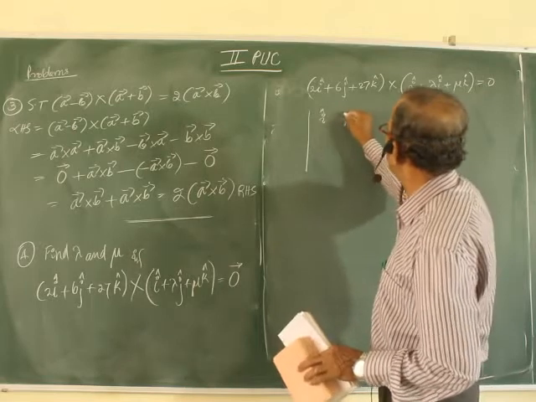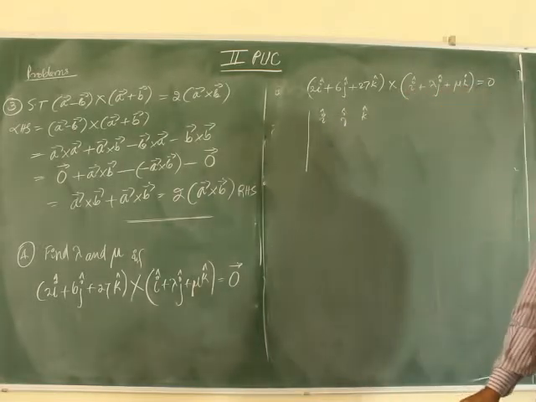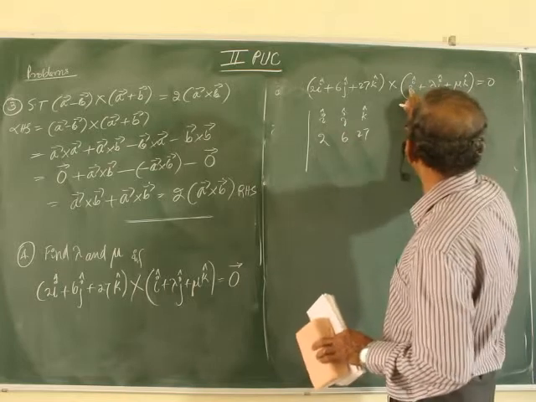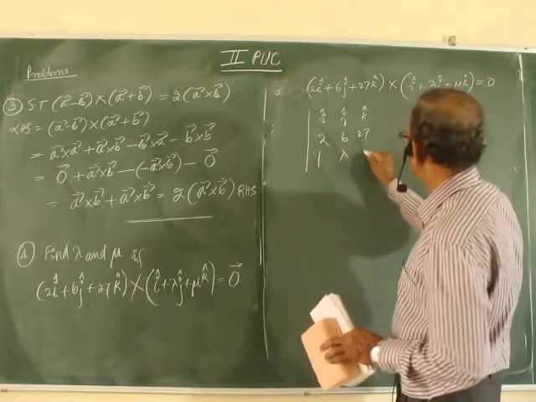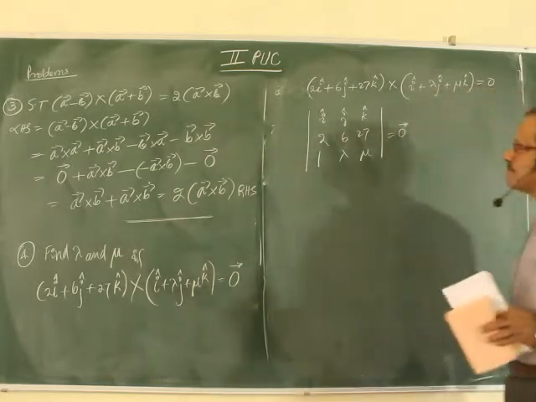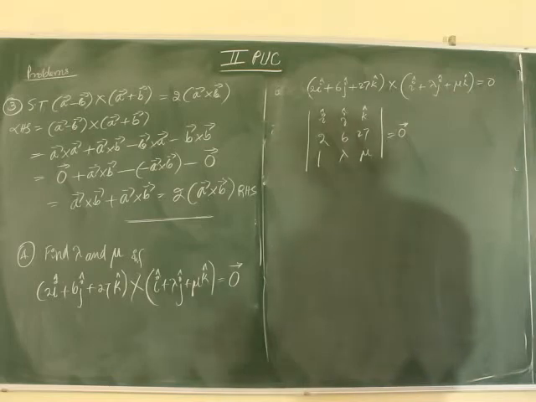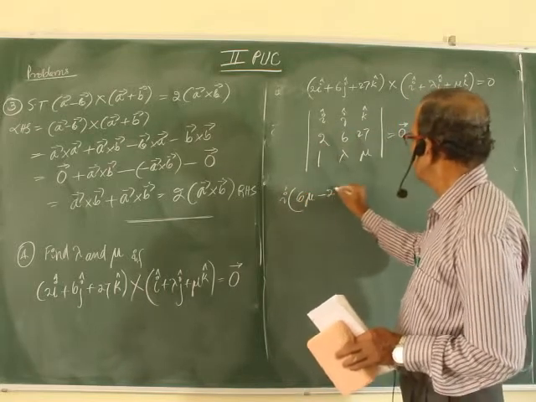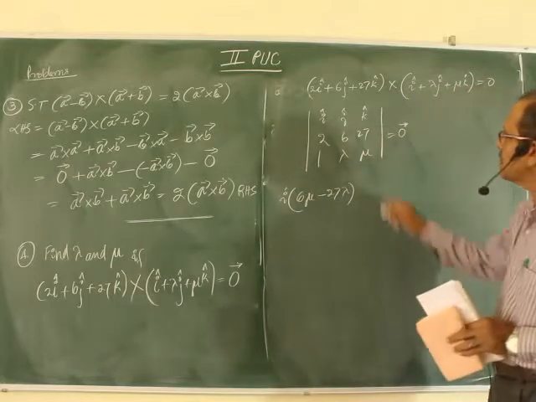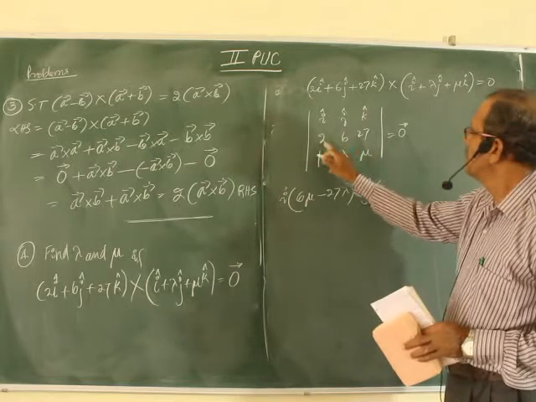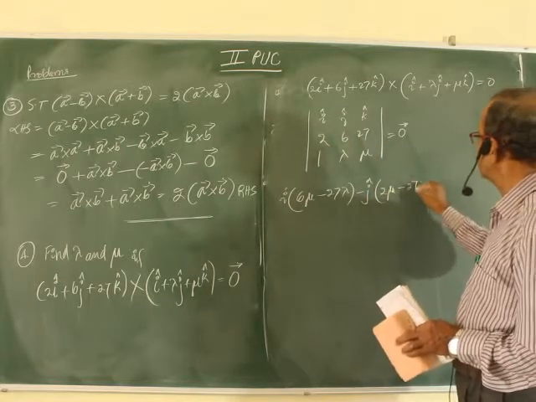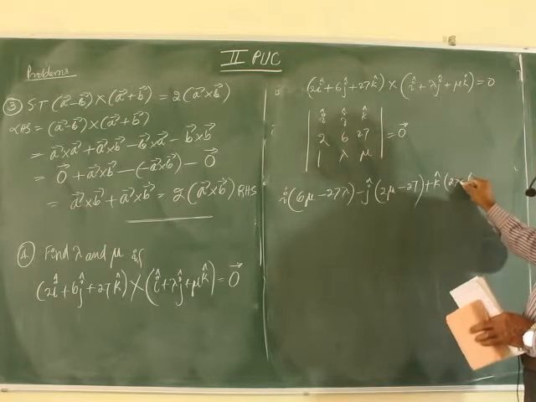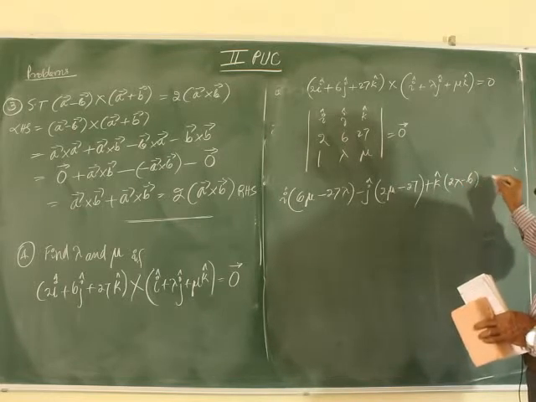It is actually the determinant of i j k, 2, 6, 27, 1 lambda mu equal to 0 vector. i into 6 mu minus 27 lambda, minus j into 2 mu minus 27, plus k into 2 lambda minus 6, equal to 0 vector.